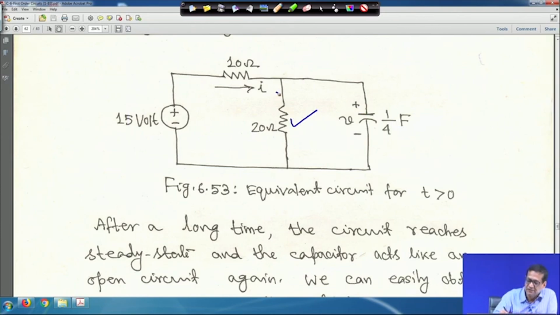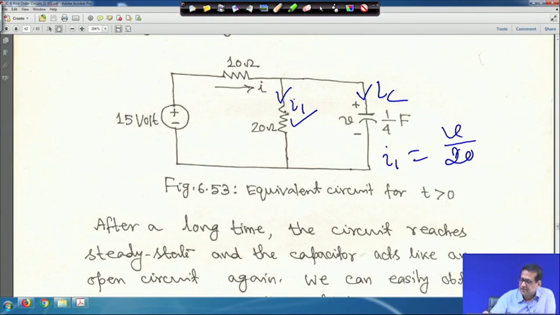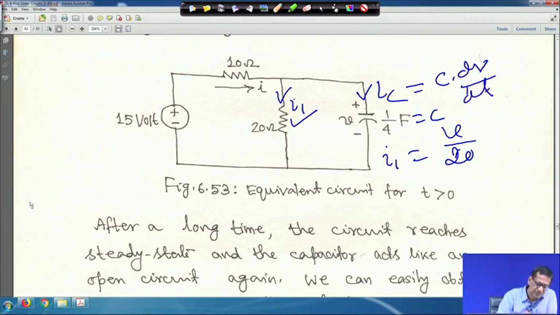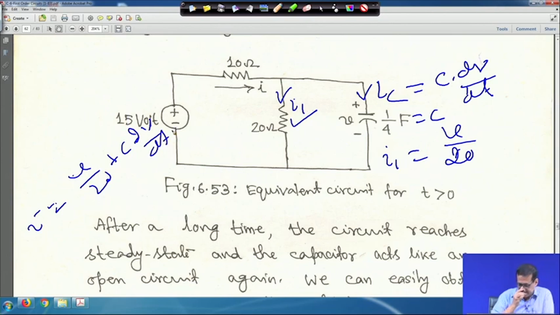So this current, say it is I1, and through this capacitor, say it is Ic, then I1 will be V by 20, and Ic will be C, the capacitor, into dV by dt. That means I is equal to V by 20 plus C into dV by dt.